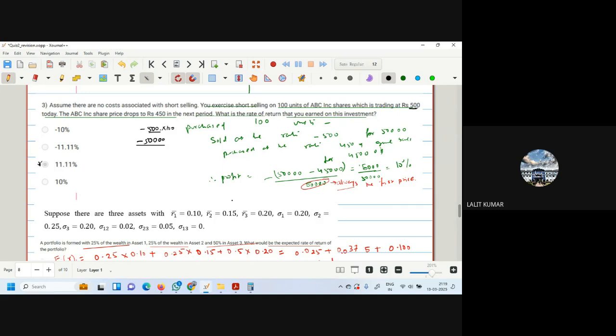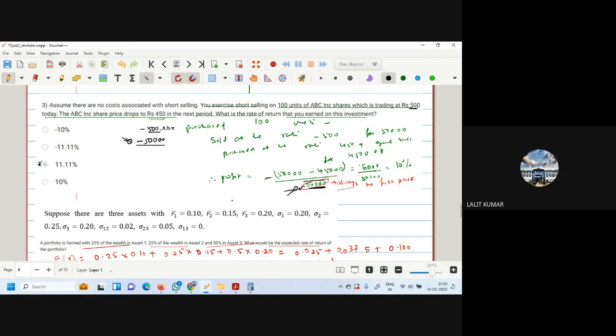Then you sold them in the market for 50,000, but this minus 50,000 remains, conceptually. Now you again purchase this for 450, that is 450 into 100, 45,000, and you give it back on the loan. So your profit will be 50,000 minus 45,000, and the initial value which you had taken on loan is minus 50,000, because you didn't know whether you would earn profit or go into loss.